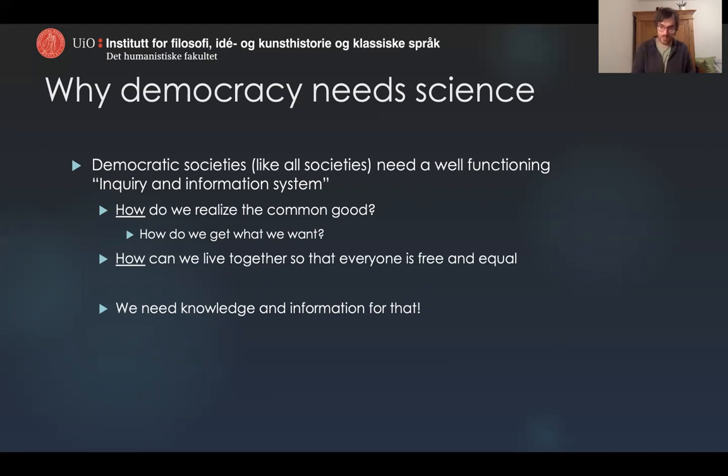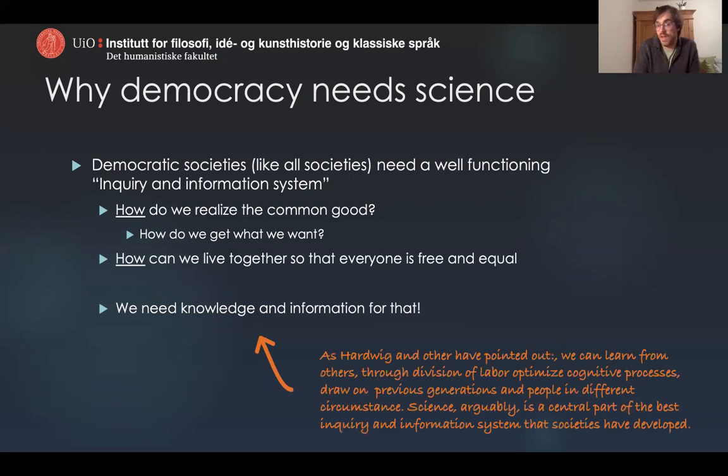So, for example, we need a system to decide whether it's better to have an autocracy or a democracy with elections like we have today. How do we find out about such things? We need something like an inquiry system that investigates various different forms. For realizing a complex society that can work as a democracy, we need knowledge and information.